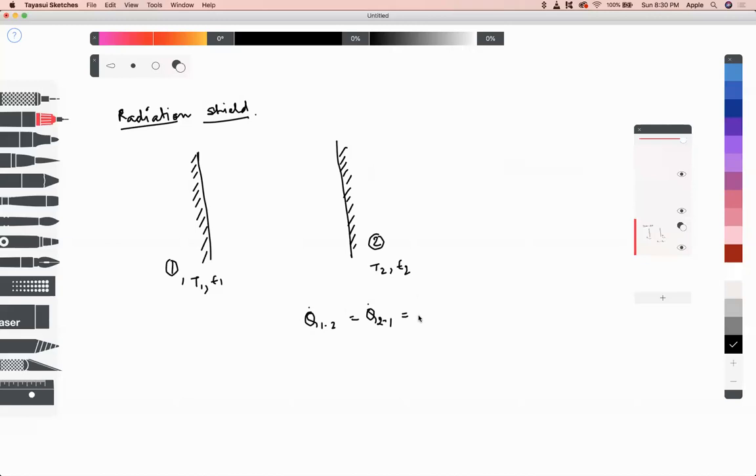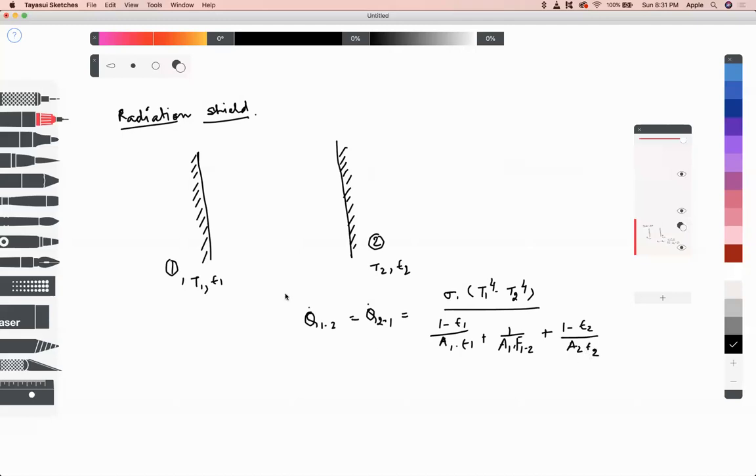Energy in will be equal to energy out, and will be given by sigma into T1 to the power 4 minus T2 to the power 4, divided by (1 minus epsilon 1) divided by (A1 into epsilon 1), plus 1 upon A1 F1 to 2, plus (1 minus epsilon 2) divided by (A2 epsilon 2).